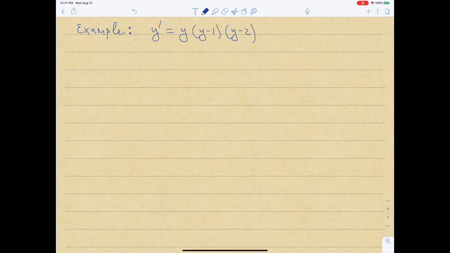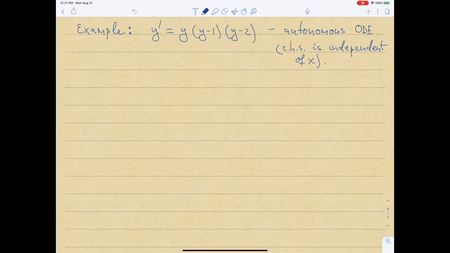Is this an autonomous equation? The answer is yes, because the right-hand side does not depend on x, right? So the right-hand side is independent of x. Fine.